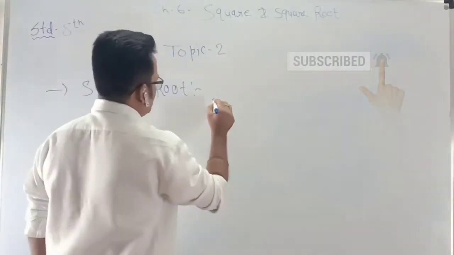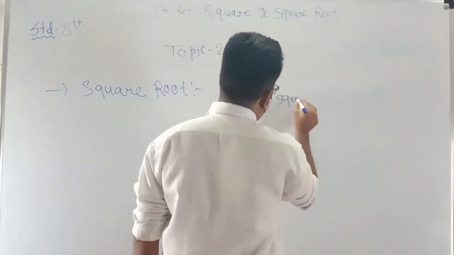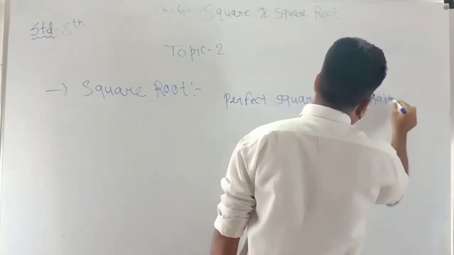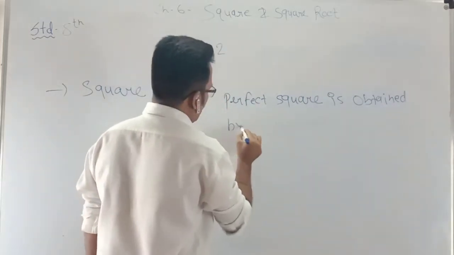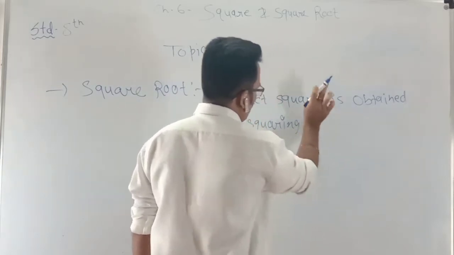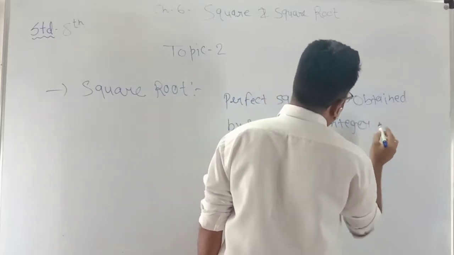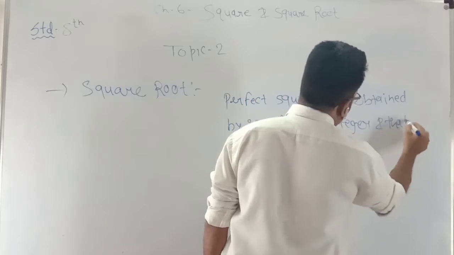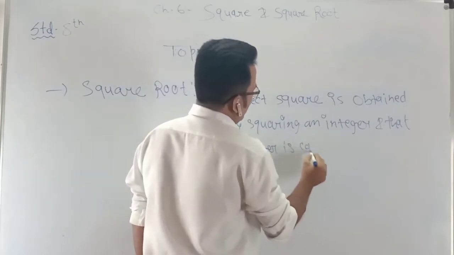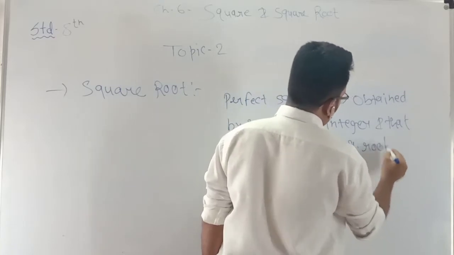So let's write first of all: a perfect square is obtained by squaring an integer, and that integer is called the square root.